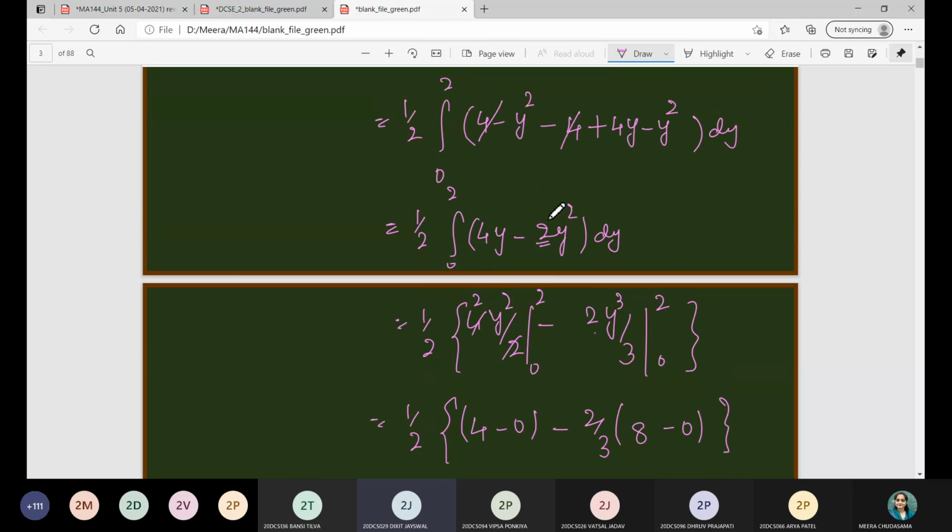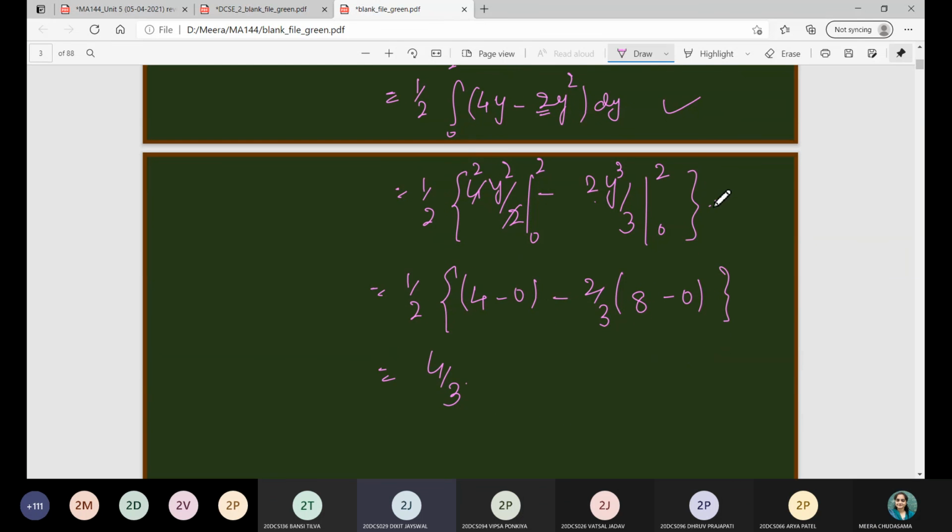Means y square is 2 into 4 over there. This is correct. Ma'am, downward term, the last third. In that is correct, but evaluation over there would be 8 minus 0, no? You are talking about this one, no? It is 8 by 2. Yes. Because 2 is already there and then we are taking the sum. So this is 8 minus 0. But ultimate answer will be 4 by 3. Just check.